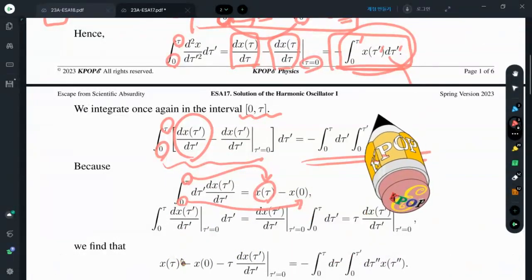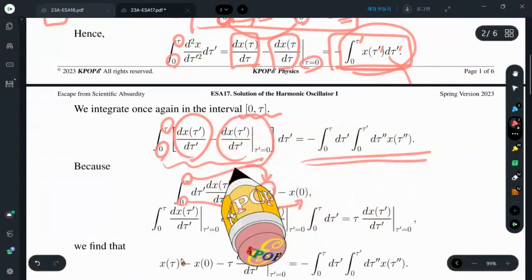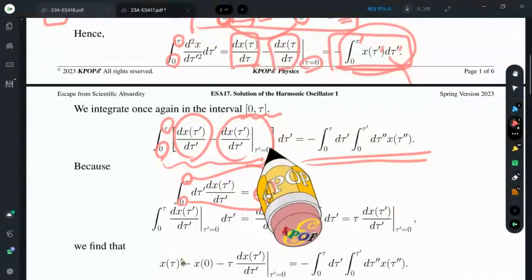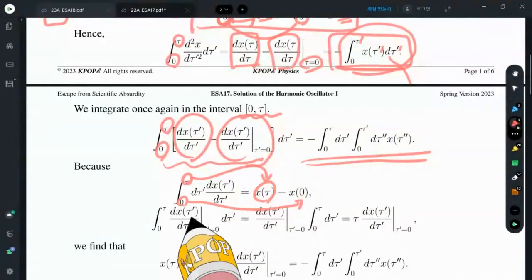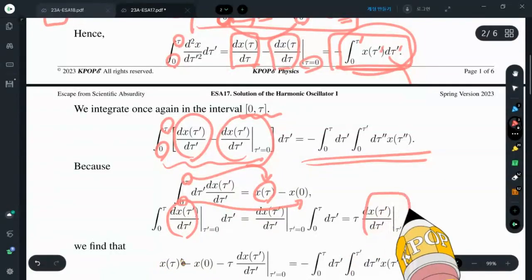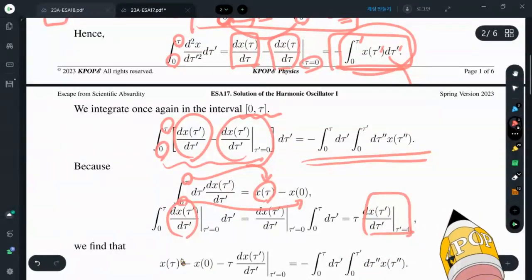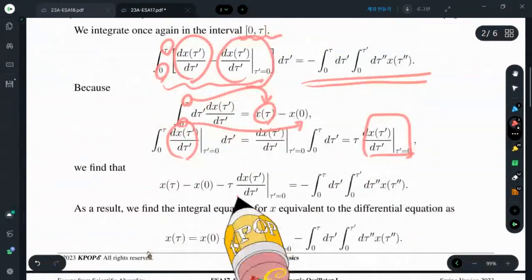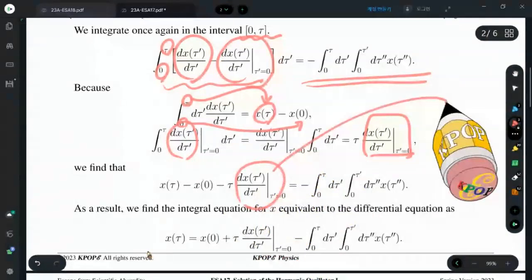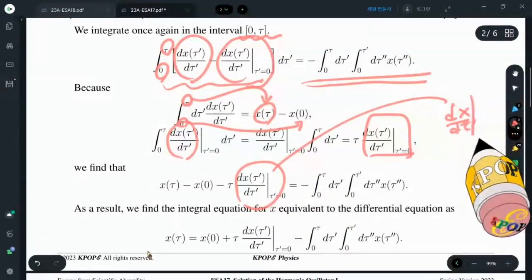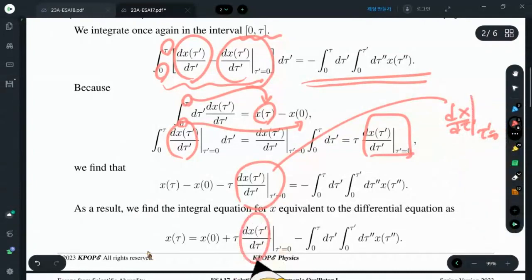And then this guy, you have substituted tau prime with 0. So this is actually a constant. It's nothing but a constant. So what's that? This is dx dt prime at t prime equals 0. So initial velocity.